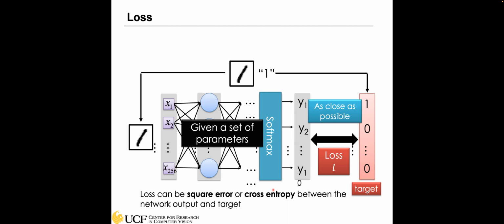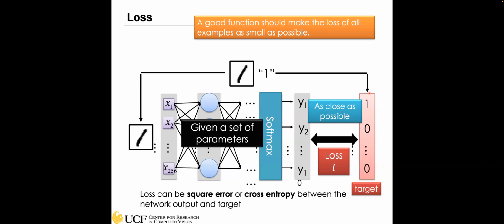But for now, we just need to know there's a loss function to measure how close your prediction is to the ground truth label. Ideally, if you pick a good function, your prediction should be as close to the target as possible, so your loss will be as small as possible, right?